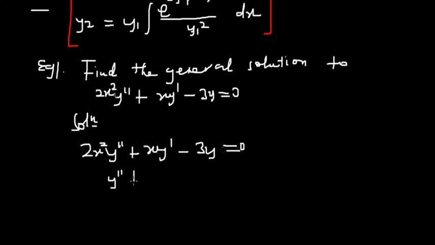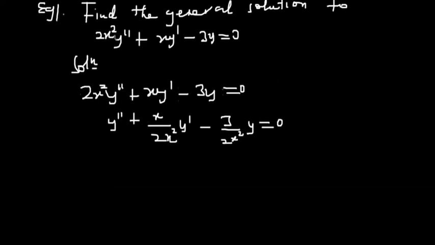So we have y prime prime plus x over 2x squared y prime minus 3 over 2x squared y equals 0. We are trying to keep the y prime prime's coefficient as 1, so we divide throughout by 2x squared. Initially this was supposed to be 2x squared, so pardon me for that.